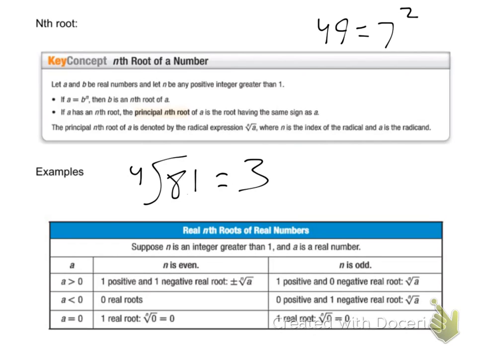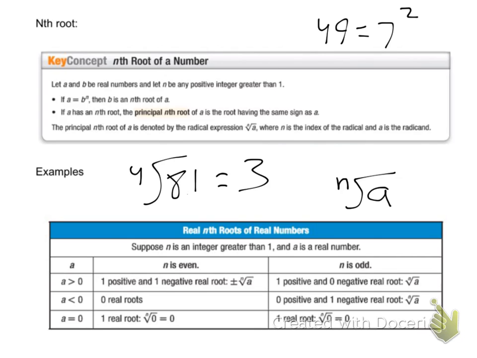And then we have this box here, this chart. I'm going to start with the right side of the chart. It says, suppose n is an integer greater than 1, and a is any real number. So sticking to the right side, we're using the nth root of a.